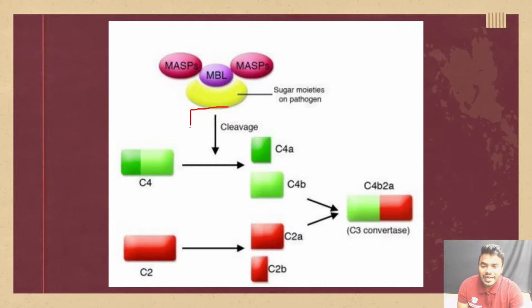Okay, with the red color, whatever I am drawing is the pathogen. Say, for example, it is a bacteria. And we all know, right? The bacterial cell wall is made up of a lot of sugars. Yes or no? Of course, yes. Bacterial cell wall is made up of what, friends? Peptidoglycans.